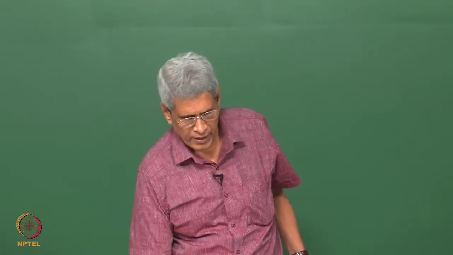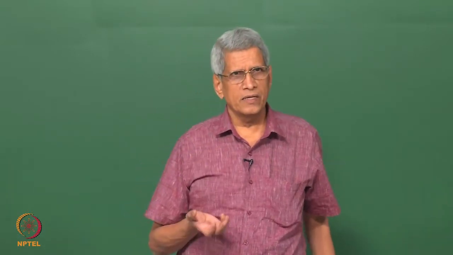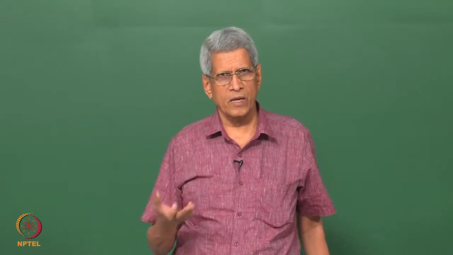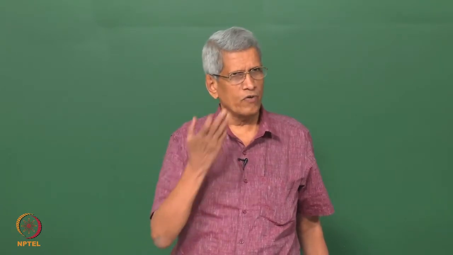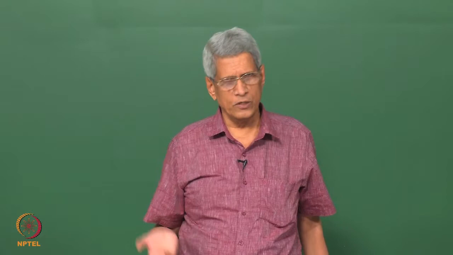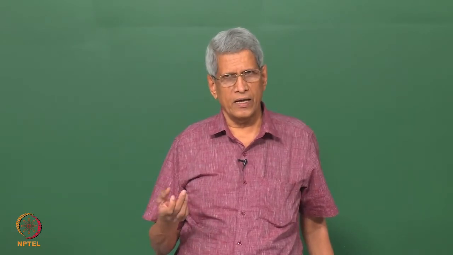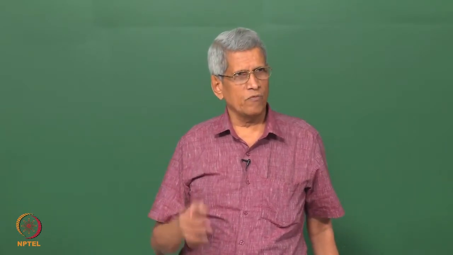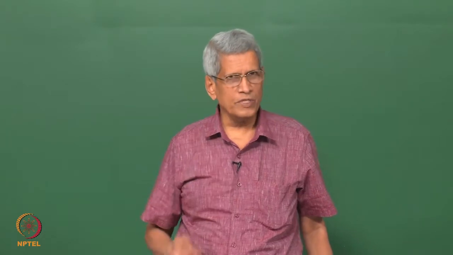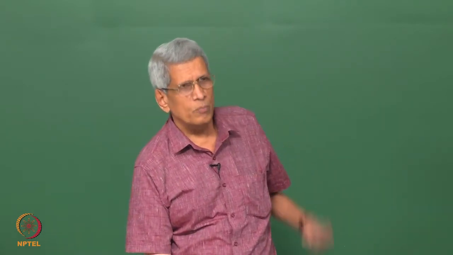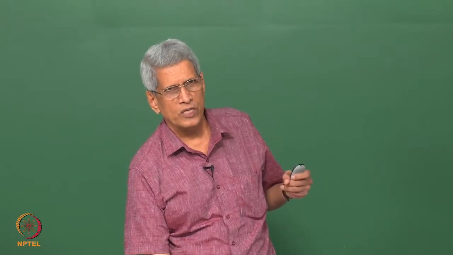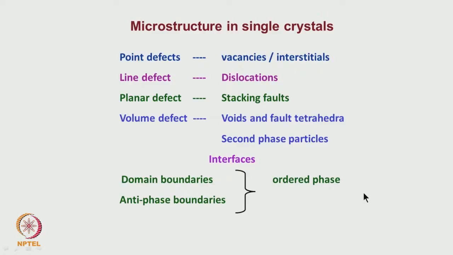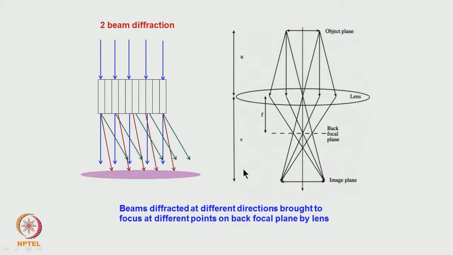This is with respect to a perfect sample, and mainly the contrast arises in a perfect sample if it is a polycrystalline material. From one region to another, orientations could be different, the extent of scattering could be different, and that will give rise to a contrast. And within a grain, various types of defects which are present would also bring about displacement of atoms from their normal position, which will give rise to contrast. These are the various types of defects which I mentioned a long time back, so I am not going into it.